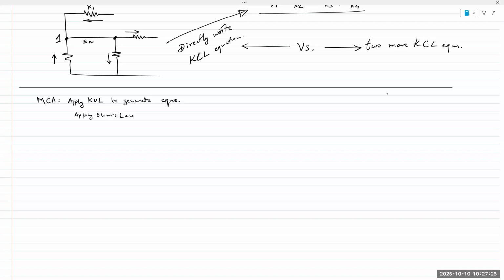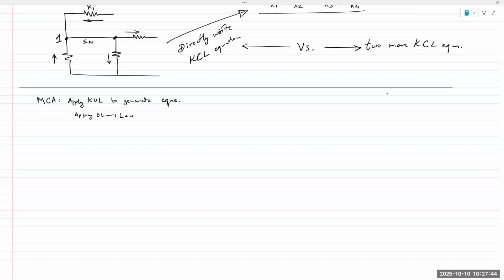Now, the most important thing we must remember is that mesh currents are not real. Mesh currents are hypothetical. They're purely theoretical. They do not exist in real life. And this is something you would have heard in the lecture video also, right?